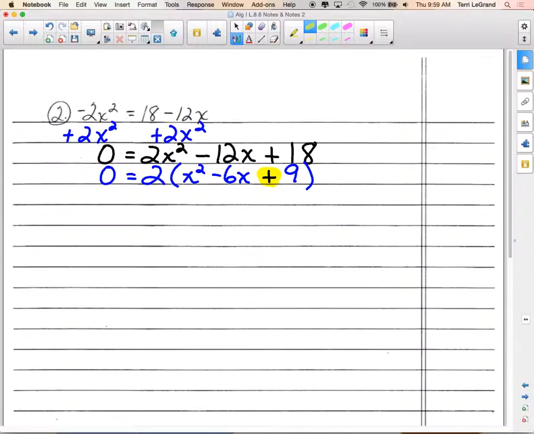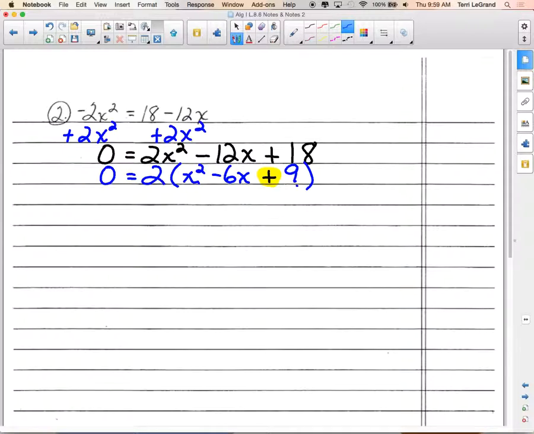And then what's the one last test we have to do? The square root of the first term times the square root of the last term, doubled, would it be 6x?